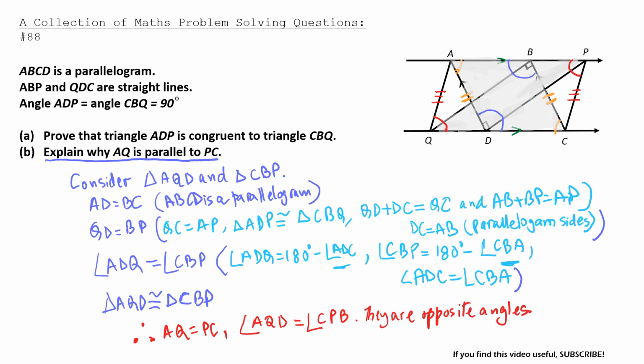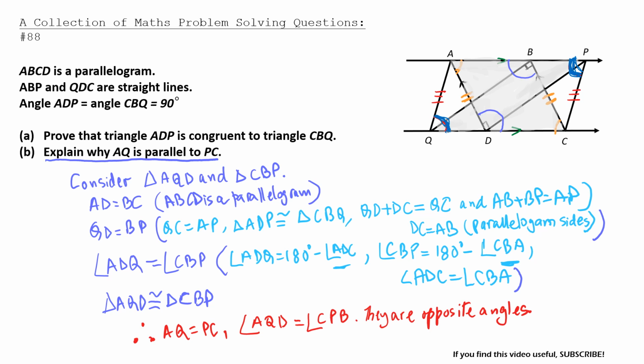Once that's done, then angle AQD equals angle CPB, and these two are the opposite angles of a parallelogram.